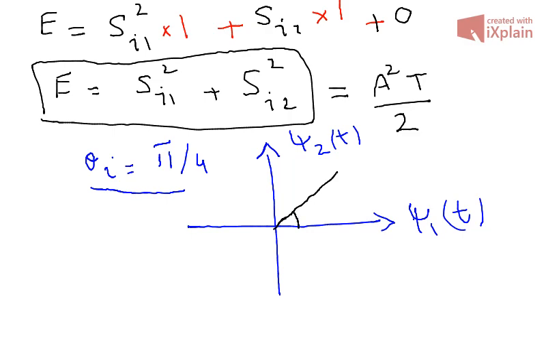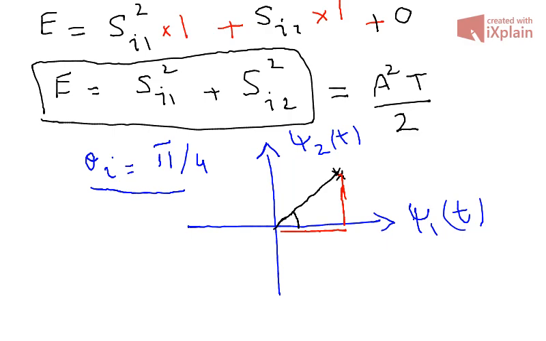So wherever you stop over here, you will have the vertical component and the horizontal component equal, right? This vertical component and this are equal.